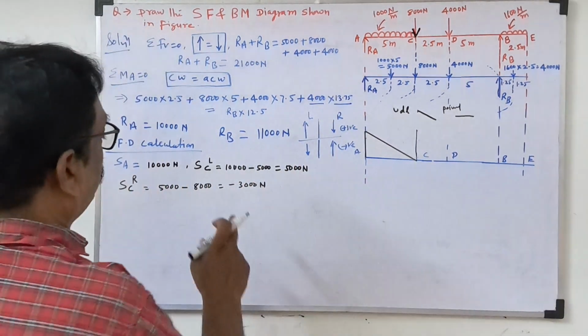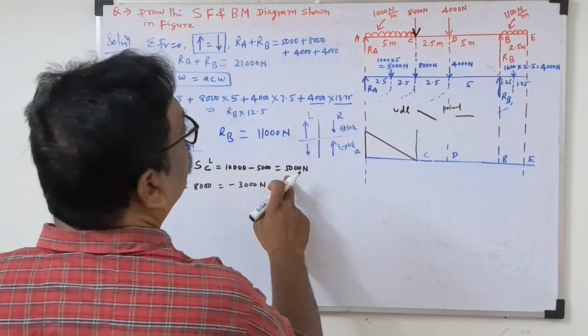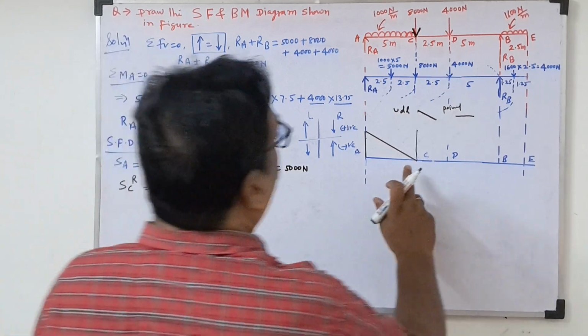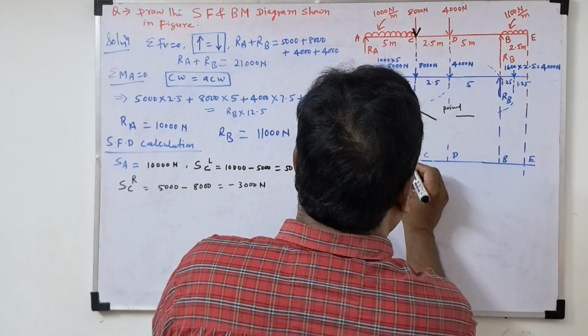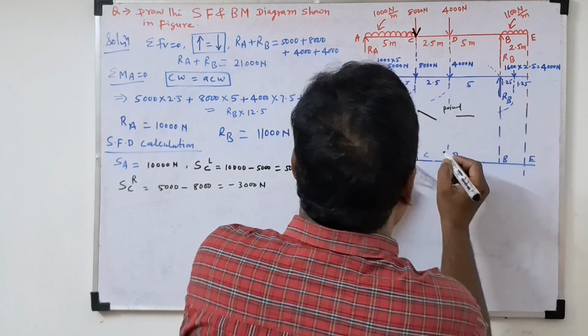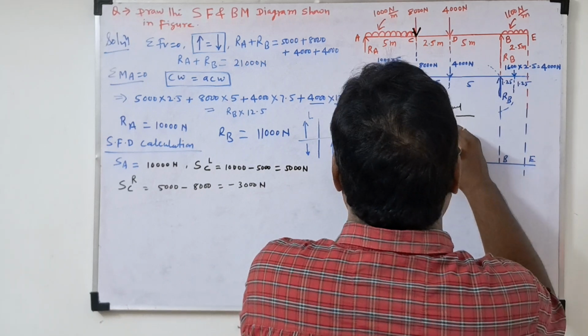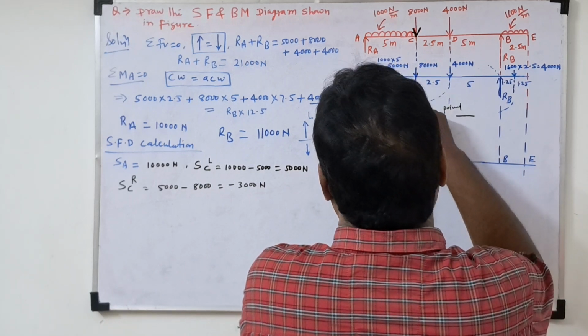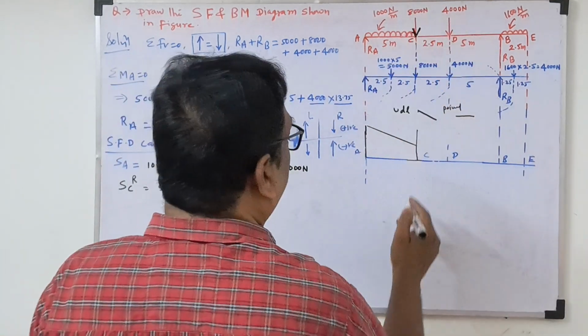Now at point C, you see here 5000 at point C. So actually this line is not correct. This is the zero line. Now from 10,000, you draw the inclined line for the UDL. Point C has UDL and point load.